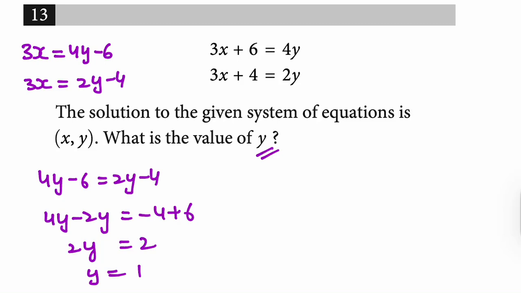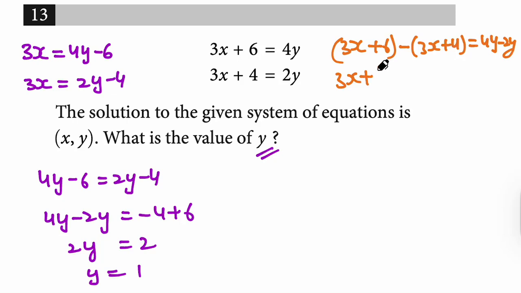Another way is subtracting the two equations, because I don't need x here and that is so easy to eliminate. So that means 3x plus 6 minus (3x plus 4) is equal to 4y minus 2y. If you open it by the distributive property, this and this sign, it's negative 3x minus 4, and 3x cancels, so 6 minus 4 is equal to 4y minus 2y.